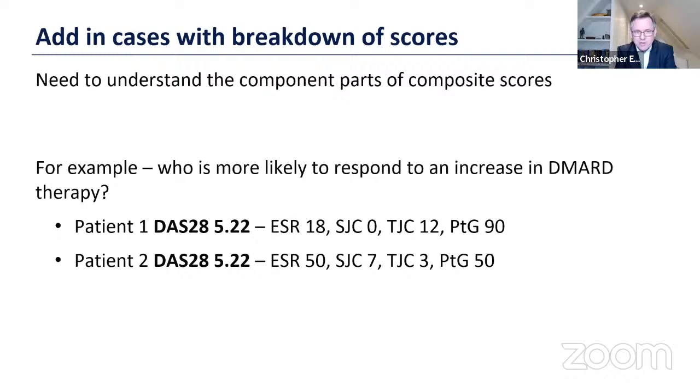Versus patient 2: ESR 50, so some inflammation, swollen joints 7, fewer tender joints, and the patient global is quite high. If I was to put one of these patients onto a biological therapy, which one do you think is more likely to respond, and which is more likely to become difficult-to-treat rheumatoid arthritis?